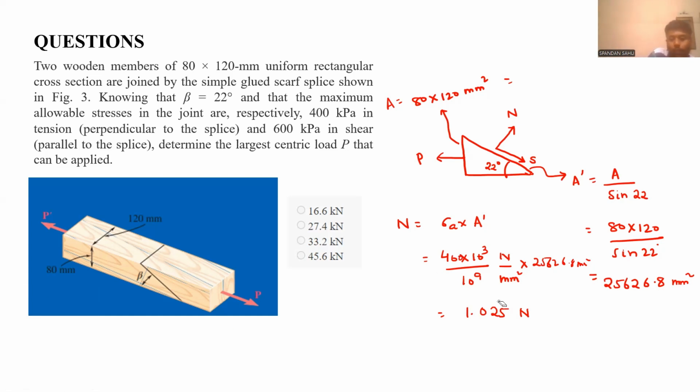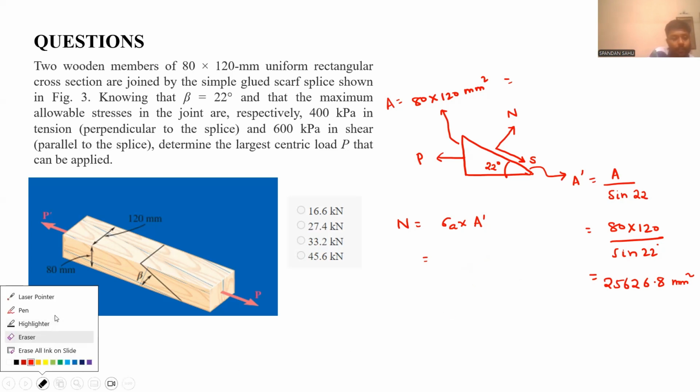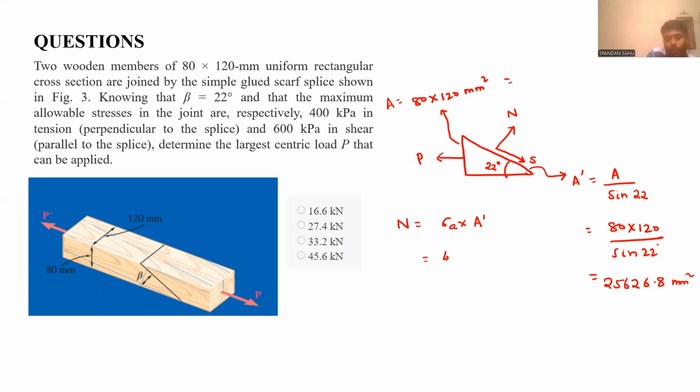So let me write one more time clearly, because we have made some silly mistakes. You can write 400 into 10 power 3 into 10 power minus 9 Newton per mm.